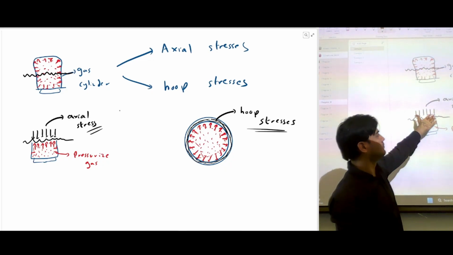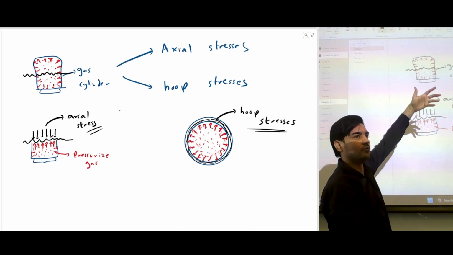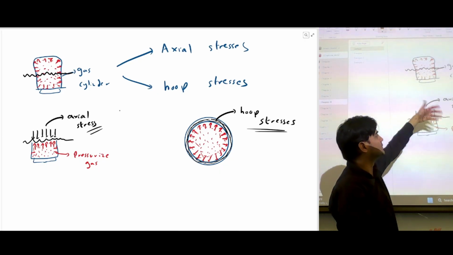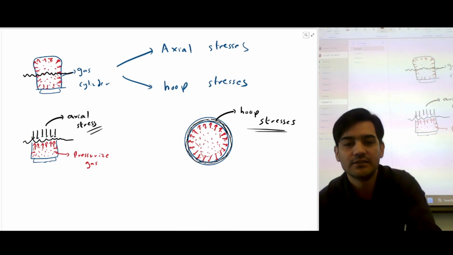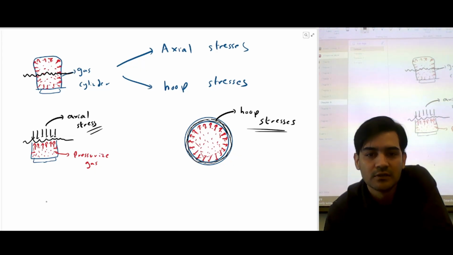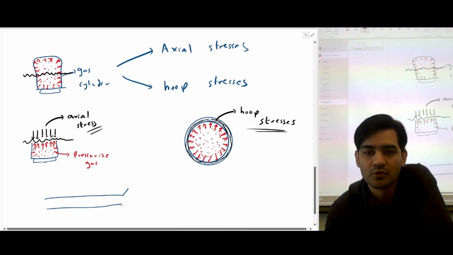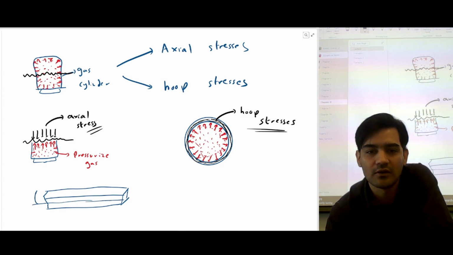So this we already know. I mean, axial stresses: whenever you have an internal load along the axis, because of those internal loads, you're gonna have stresses which are called axial stresses. So this is along the axis. I can draw a member for you guys to visualize. So we already know whenever you have a member and this is the axis, this is called the longitudinal axis, right?